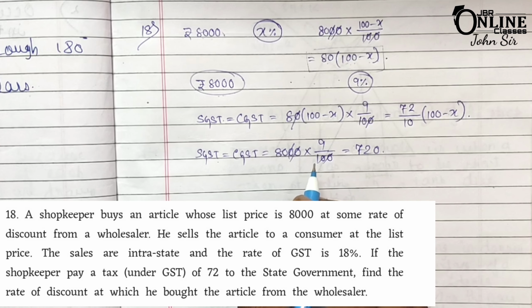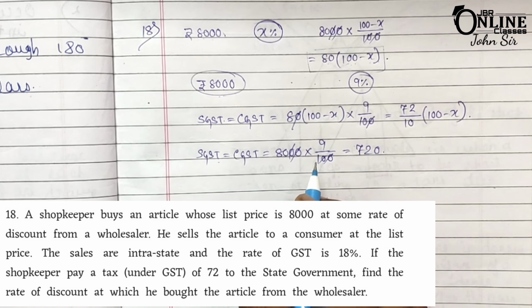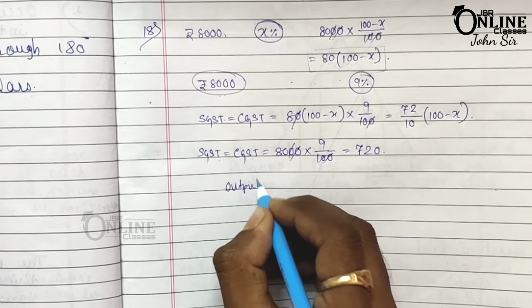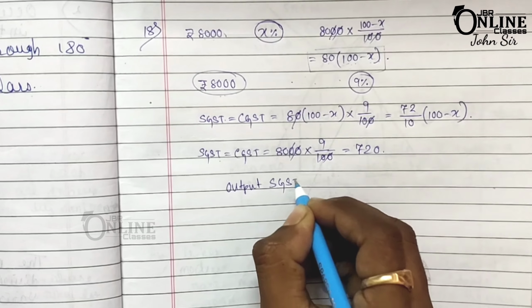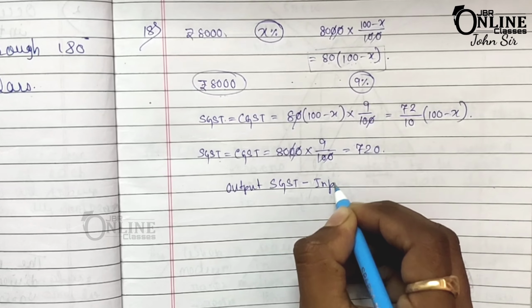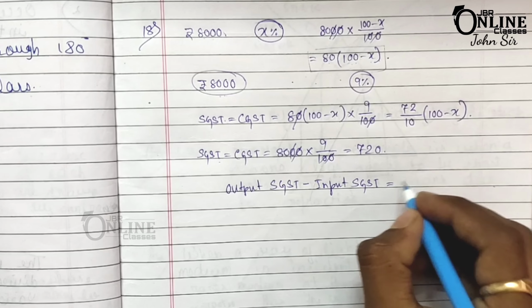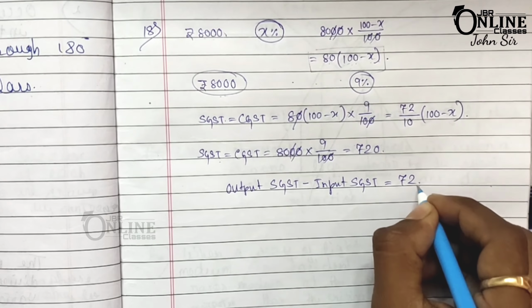Now the tax paid by the shopkeeper to the state government, the formula will be output SGST minus input SGST, and that equals, it's given, 72 rupees.